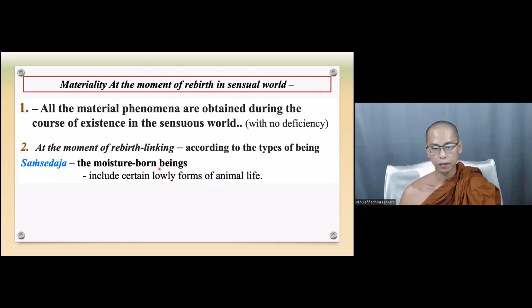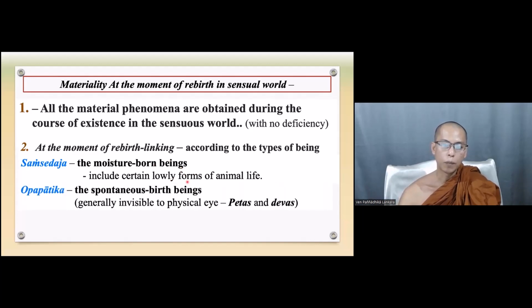If they have all five aggregates, including the mentalities, and they can continue their generation, they are counted as beings. Only the material transformation are not counted as beings. Some viruses are of that type, I think. So here, the types of beings are called the moisture-born being. They are especially insects. And the second type, Opapatika, the spontaneous birth being.